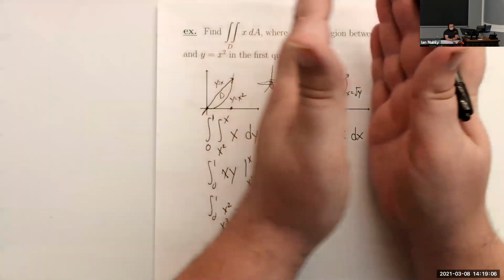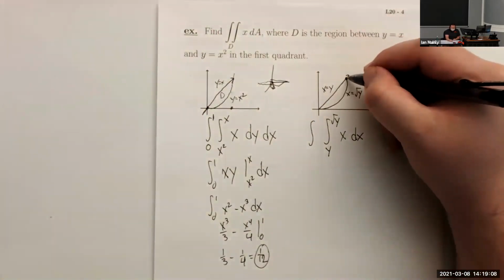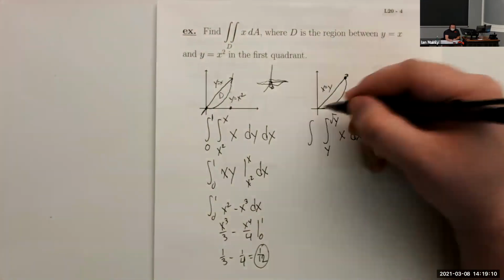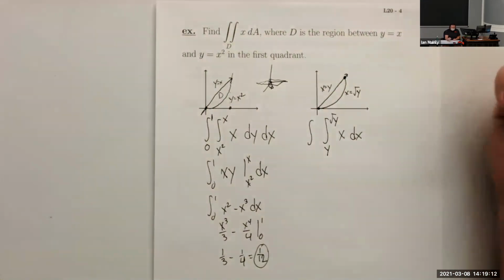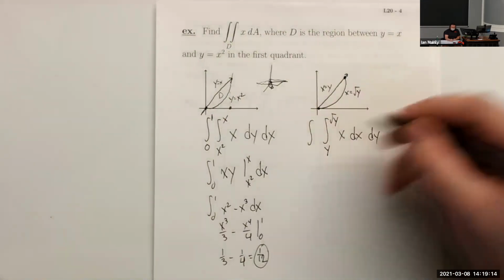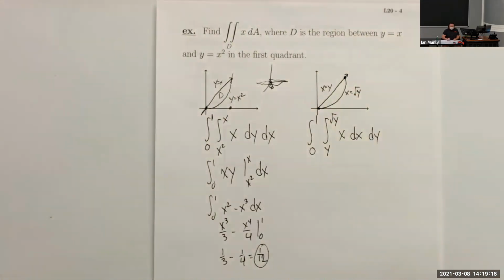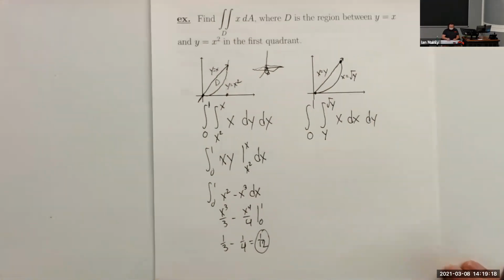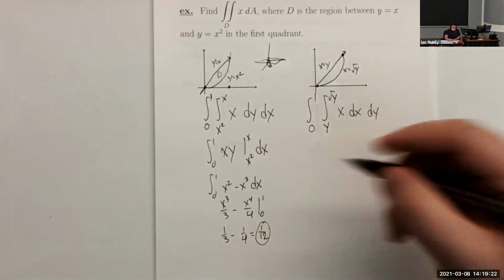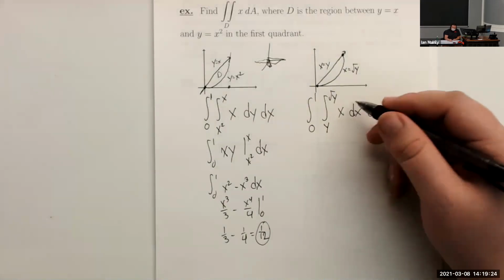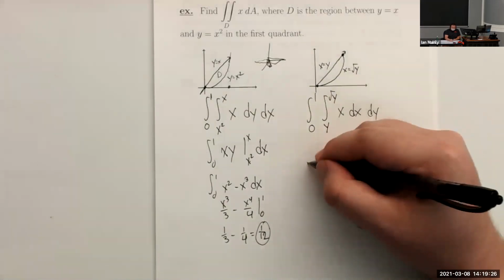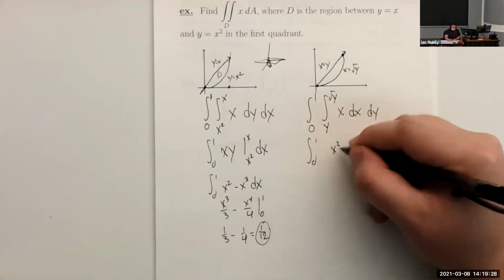If we smush this picture like this, the highest y value we get is 1, and the lowest y value we get is 0. So this will also go from 0 to 1 right here. And somehow if we do this, it magically should end up being 1/12 here. So now this time I'm doing the integral of x with respect to x. So I'm going to get x squared over 2 for that.